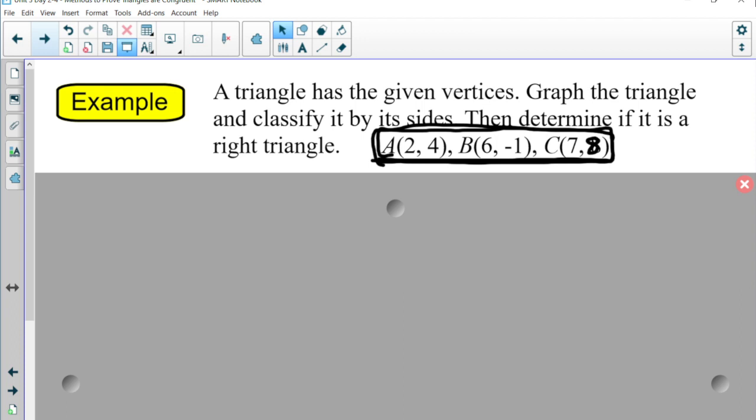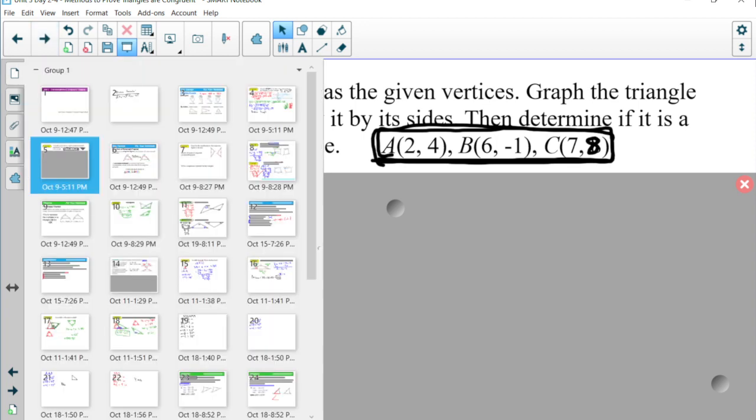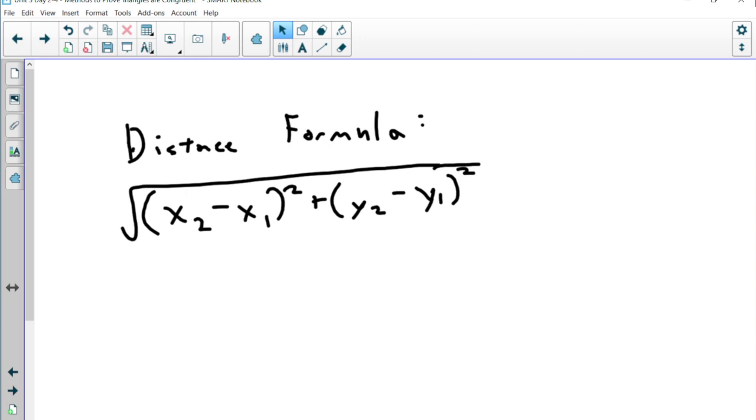Again, you should have 3 distances written out because we have 3 sides that we're checking. And we're going to look to see how many of those distances are the same as each other. I'll put that distance formula up one more time in case you need to go back and write it down.